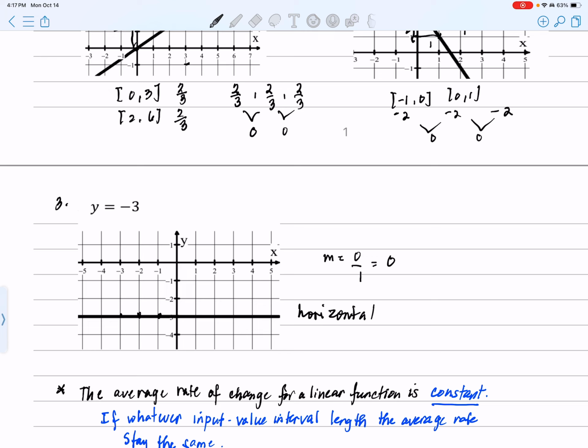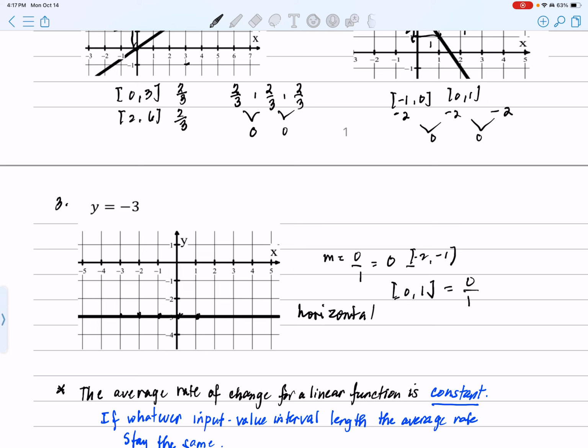And let's say I choose 0 to 1. Okay, my interval here is, let's say, negative 2, negative 1. Slope is 0. If I have the interval of 0 to 1, I still have the slope of, there's no rise.